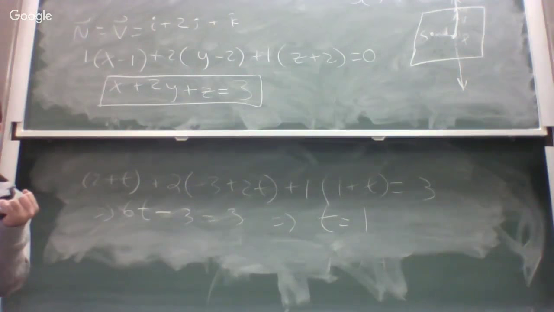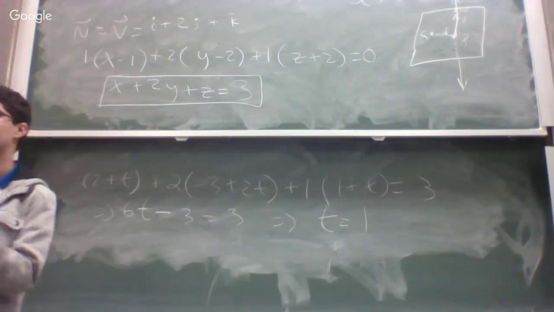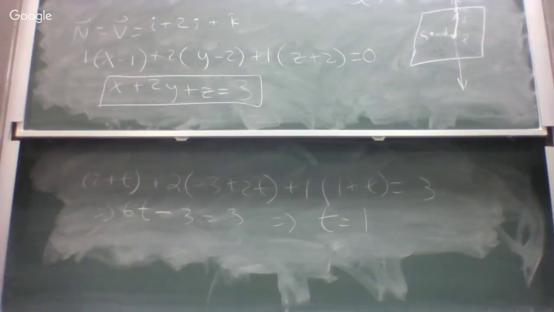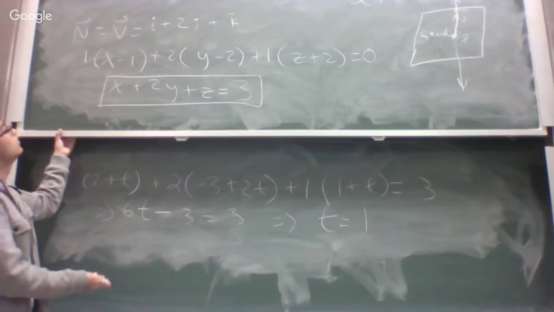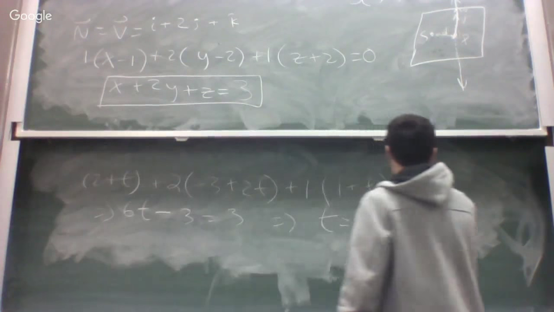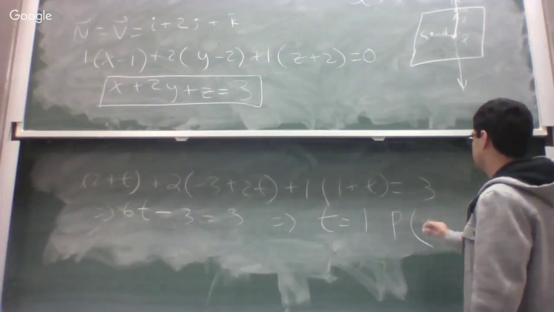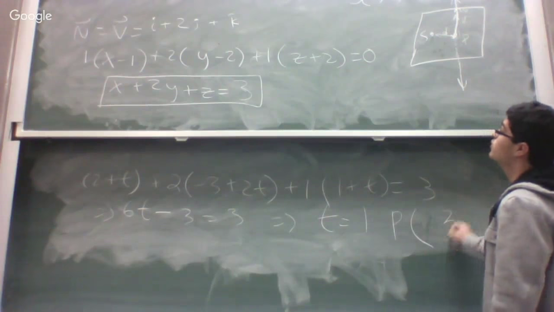So since we know t is equal to 1, what can we use that to find now? The point of x, y, and z. So when t is equal to 1, what does x equal? Yeah, x is equal to 3.